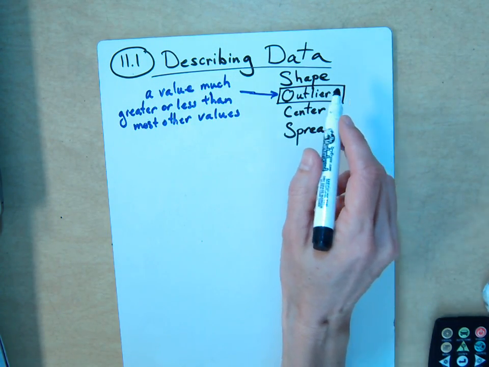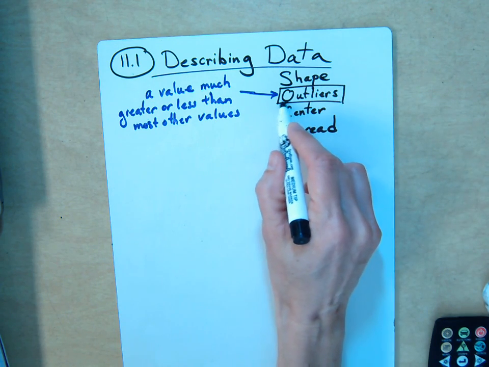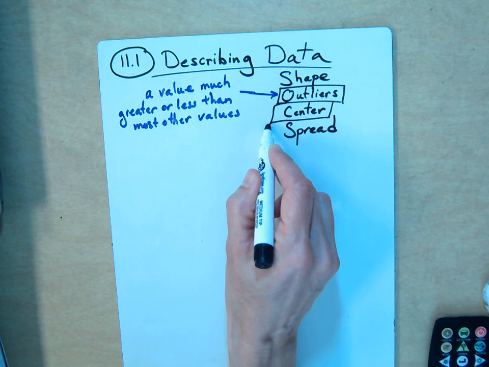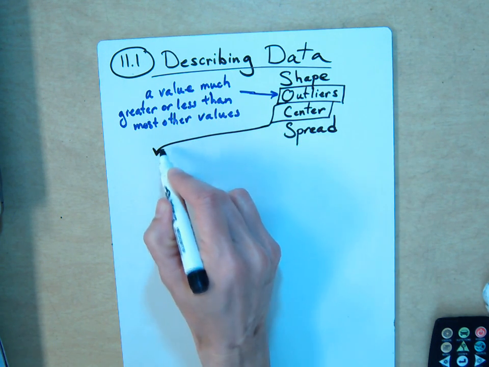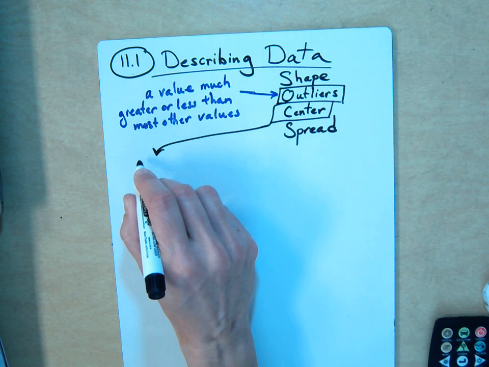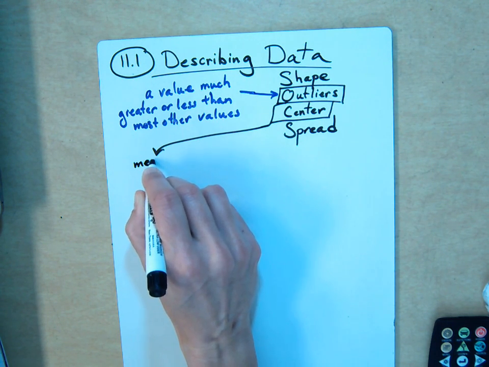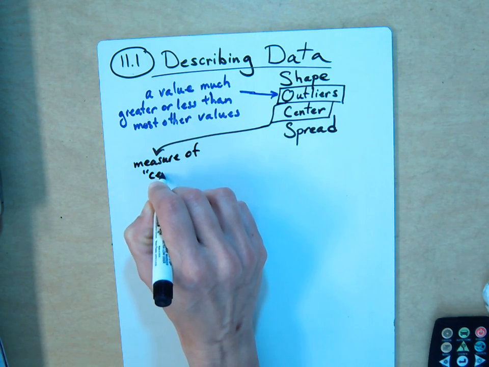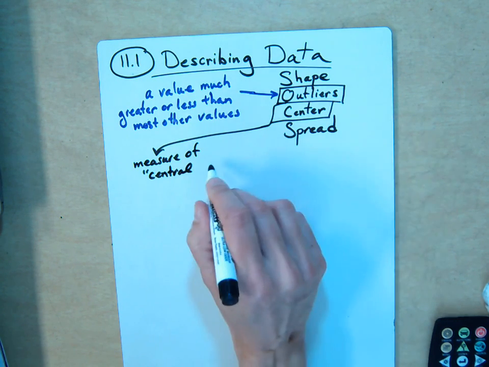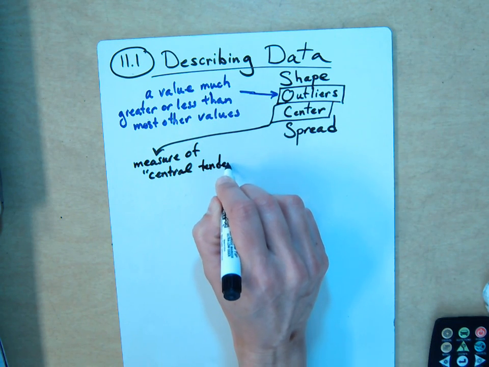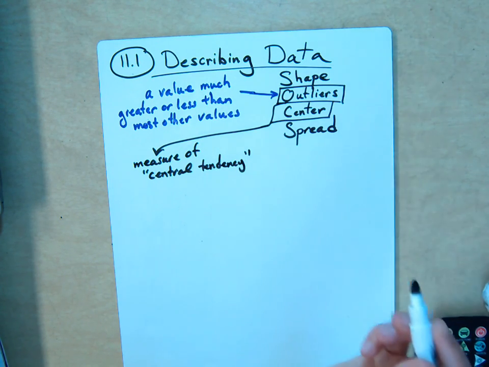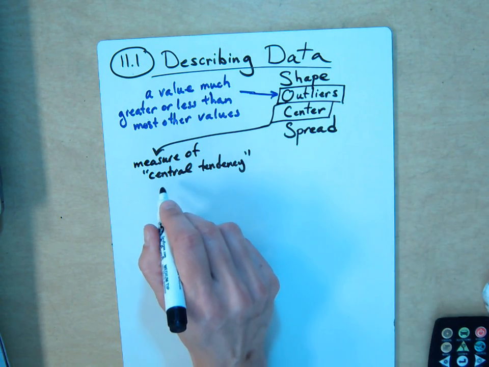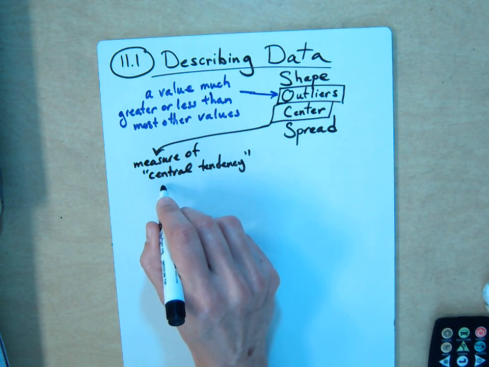For center, there are a couple of measures of center that you saw in your homework. You might have seen it as measure of central tendency. So where's the middle? There's two main ways to measure that, and that's called the mean and the median.